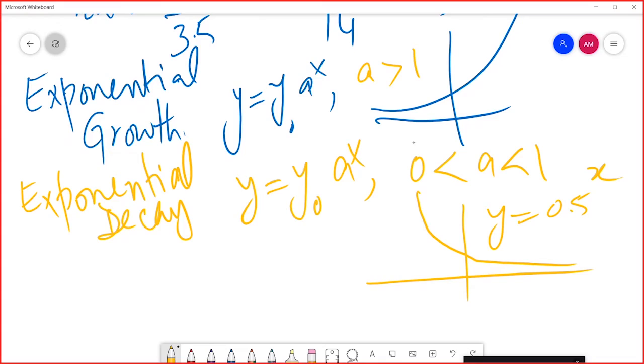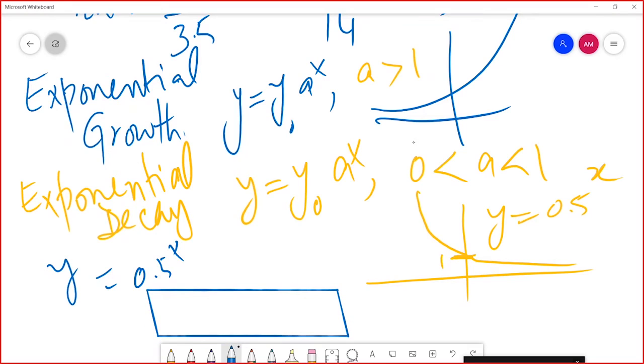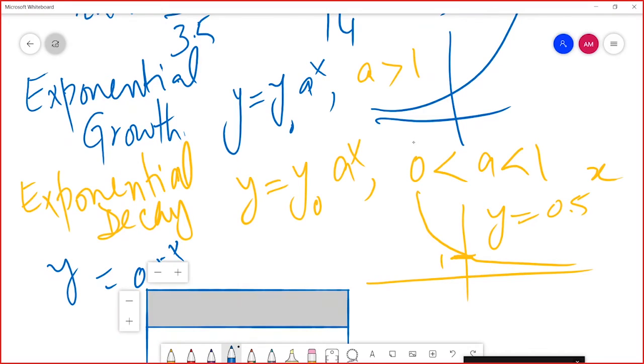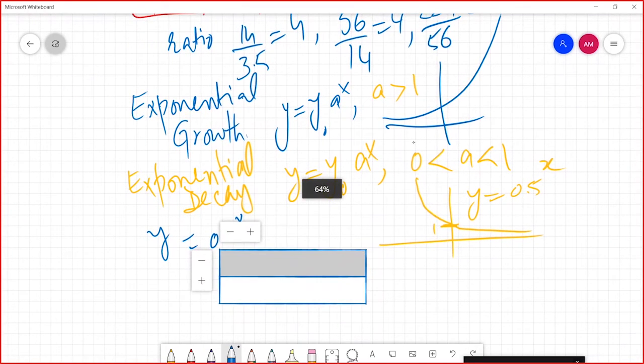Can you tell me what is the value here? It's 1. Good. So if I just draw this and I take another color for this, y is equal to 0.5 raised to the power x. Just quickly, I put a few values with your help.